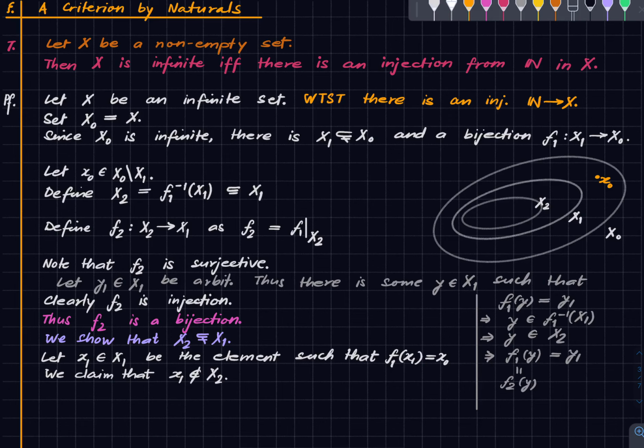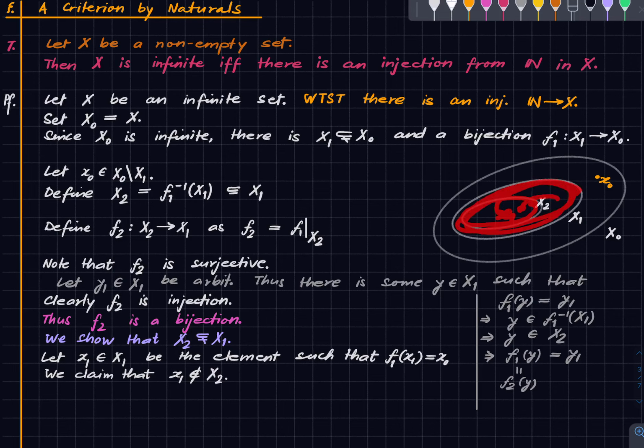If this were in X2, if the point x1 lied here, then what would happen if you apply the function F1 to it? Applying F1 to x1 is the same as applying F2 to x1 because it lies inside X2. F2 is just the restriction of F1 to X2. So if you apply F1 to the point x1, you will land inside X1.